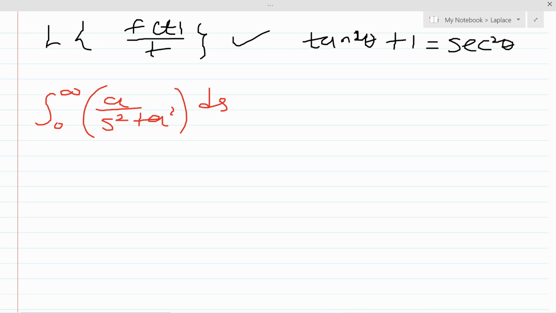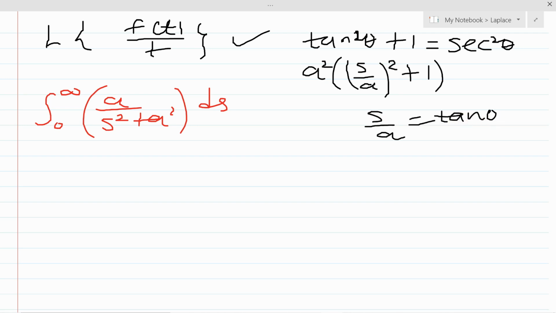We said that our denominator became a squared times s over a all squared plus 1, and we let our s over a be equal to tan theta, and with that we said our ds was equal to a sec squared theta d theta.